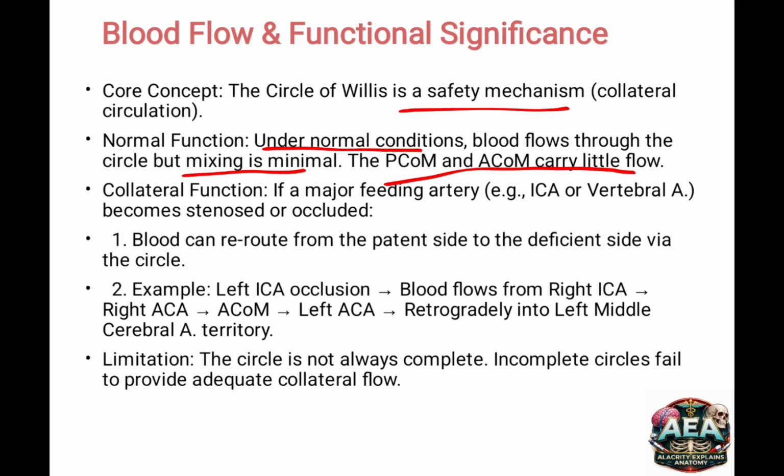The collateral function, which we said is one of the functions of the circle. If a major feeding artery, let's take for example the internal carotid artery or the vertebral artery, becomes stenosed, maybe the right vertebral artery or the right internal carotid artery becomes stenosed or occluded, blood can reroute from the patent side, which is the functional side, to the deficient side.